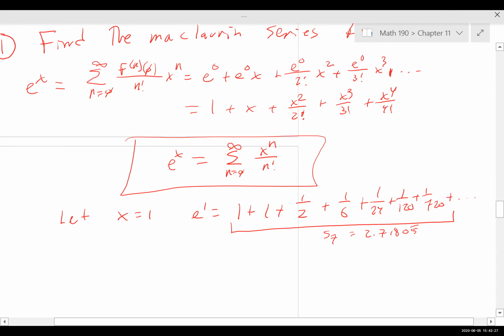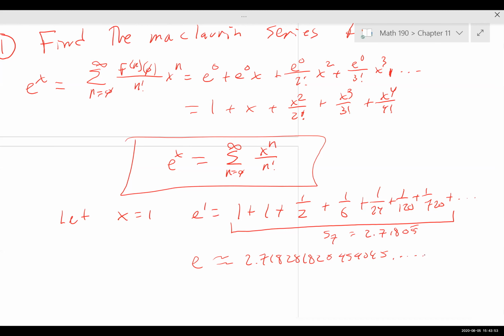If we continue to add successive terms, it would only get closer and closer to the natural exponent, which is 2.718281828459045. And so it works out. Nice. Very cool.